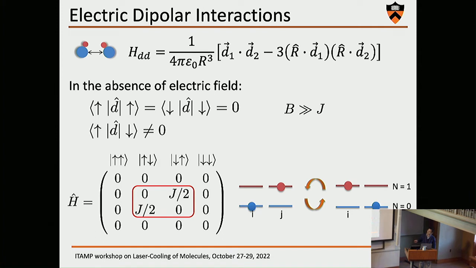And then if you go to the interaction picture, effectively the rotating frame, you end up with a very simple Hamiltonian that only couples up-down to down-up coherently with J over 2. So essentially we are only left with so-called resonant spin exchange. These two configurations have the same energy.